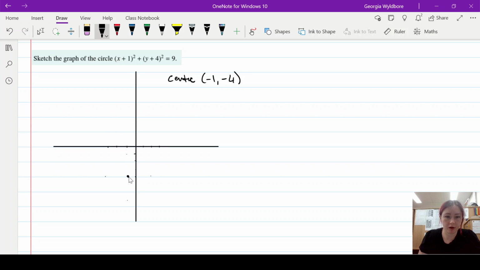So we can plot that on our graph here. And our radius is going to be 3 because r squared is 9. So if we think of going 3 units either side of that center point and up and down, we have a rough idea of where our circle should be. Okay, it's a very lopsided circle, but you get the point.